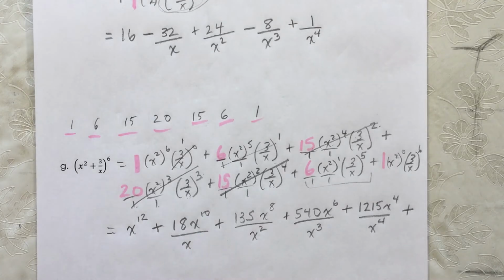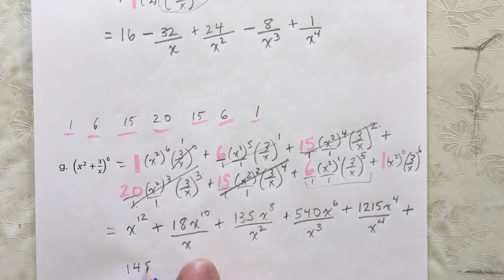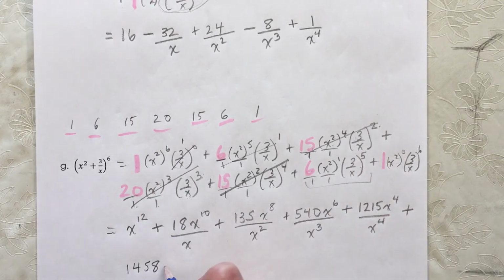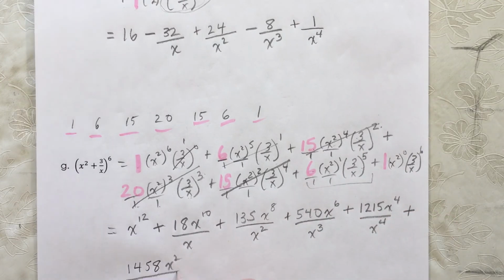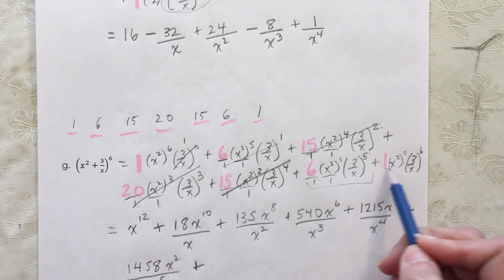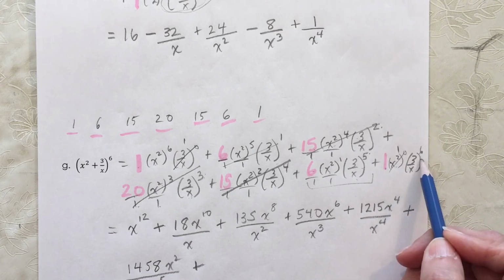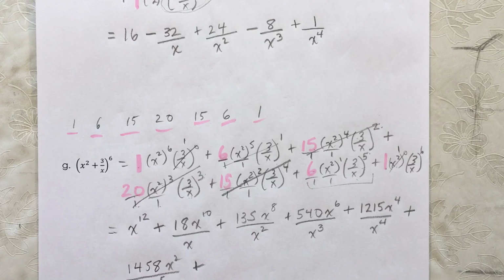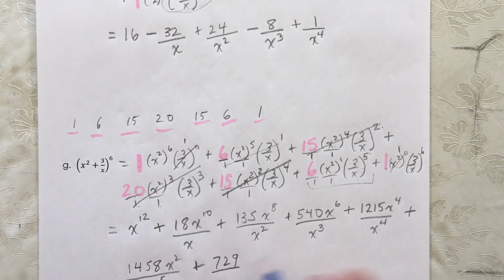My numerator is going to be, the coefficient is 6 times 3 to the 5th, 1,458, x squared to the 1 is x squared, over 1 times x to the 5th, plus, so 1 times x squared to the 0 is also 1 times 3 to the 6th, so 3 to the power of 6, which is 729, over x to the power of 6.